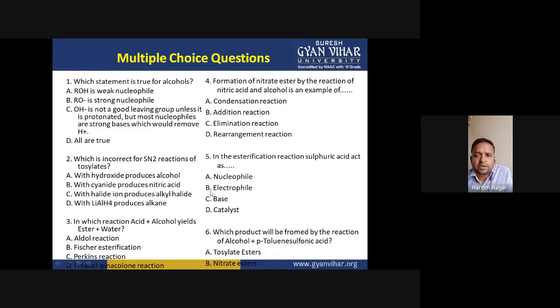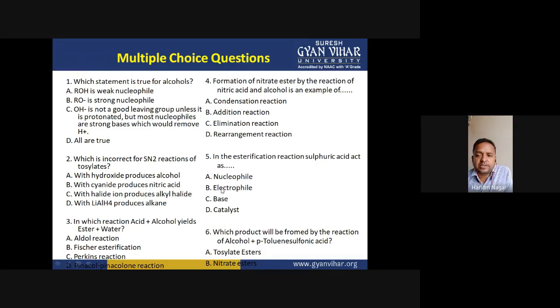And question number five, in the esterification reaction, sulfuric acid acts as a catalyst. We have already discussed it: sulfuric acid acts as a catalyst in the Fischer esterification reaction.